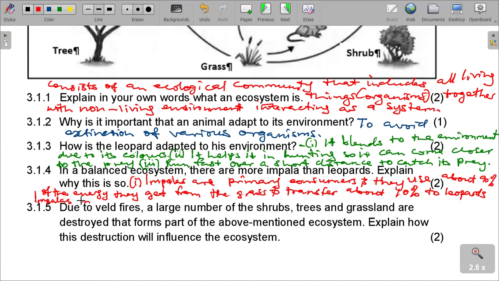Impalas must be more, to make sure leopards are supported in terms of food.